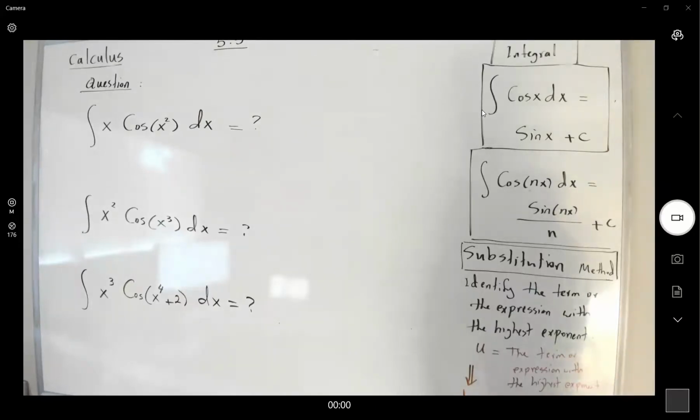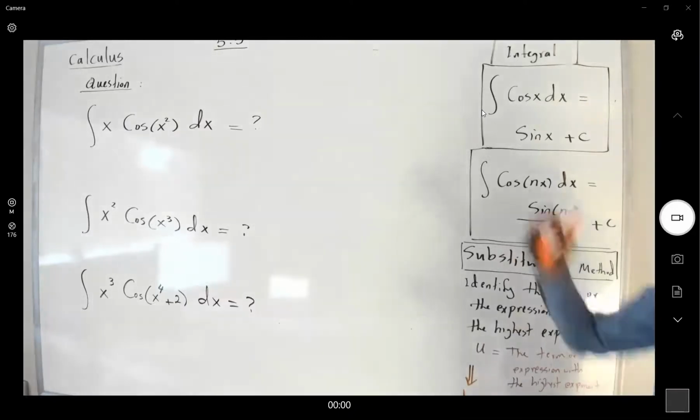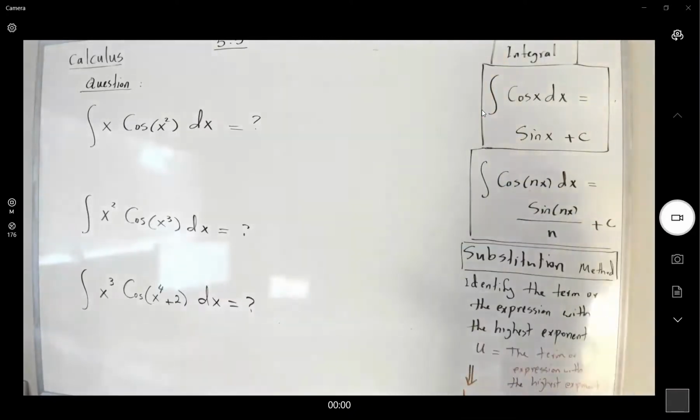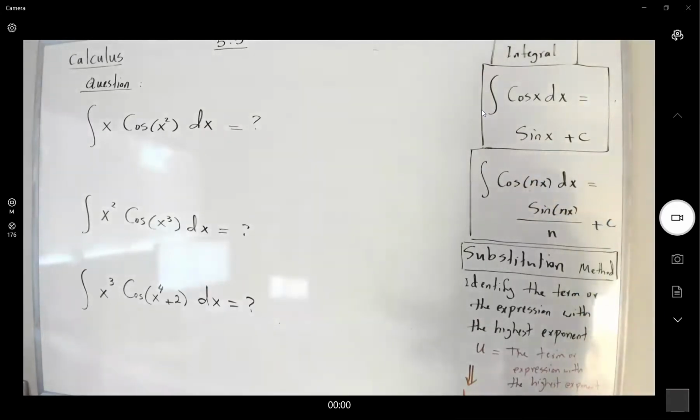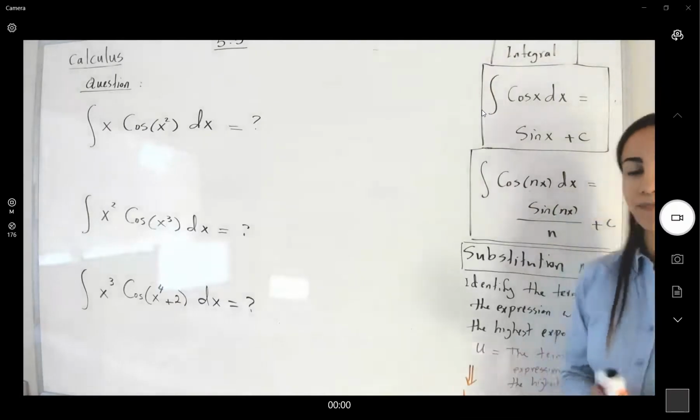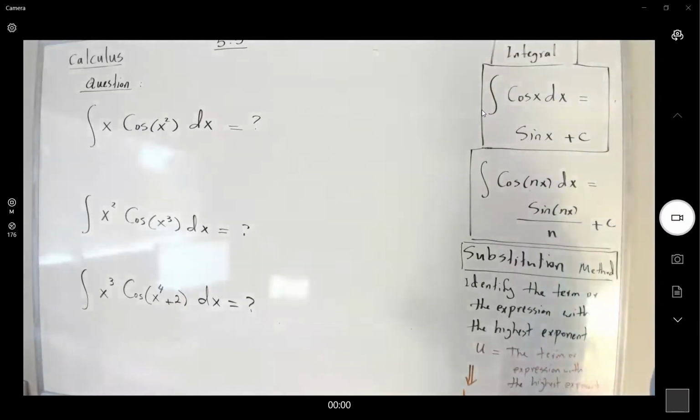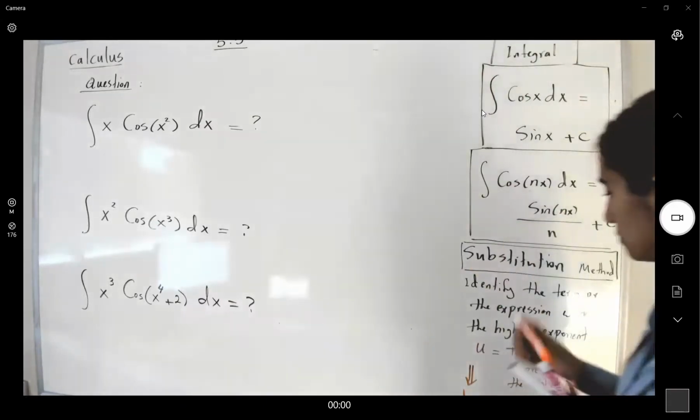Well, okay, let's apply this method, the substitution method, and calculate these integrals. So in each of these integrals, we need to identify the term with the highest exponent. Okay. In the first one, the term with highest exponent is x squared.